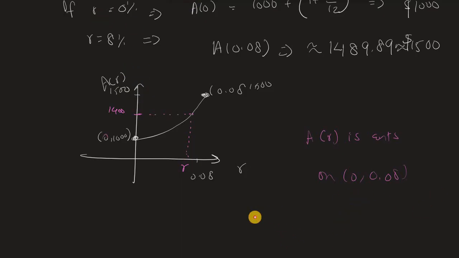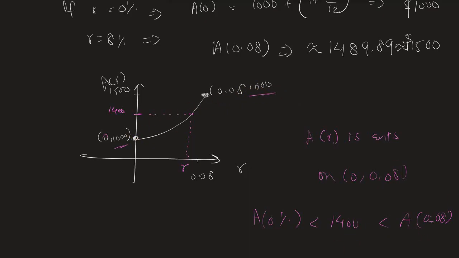So what we can basically do is that A of 0% is less than or equal to 1500, and A of 0.08, you see that this is between the values of A of R, so the target value is between this interval.